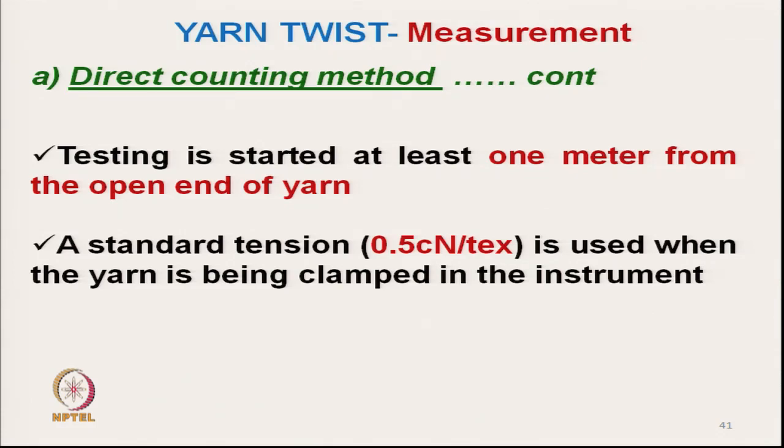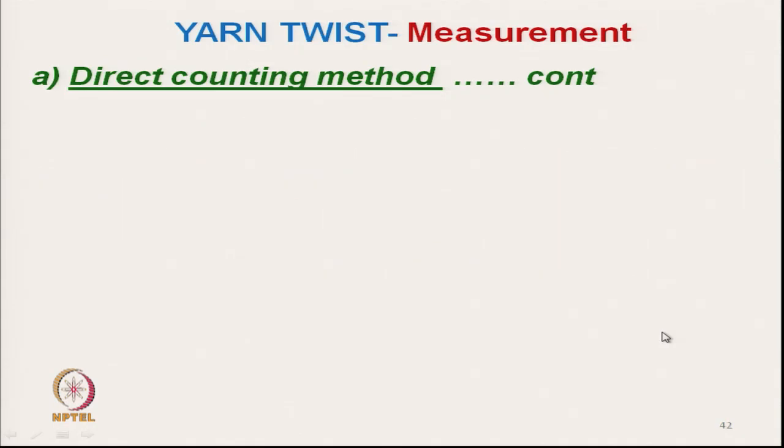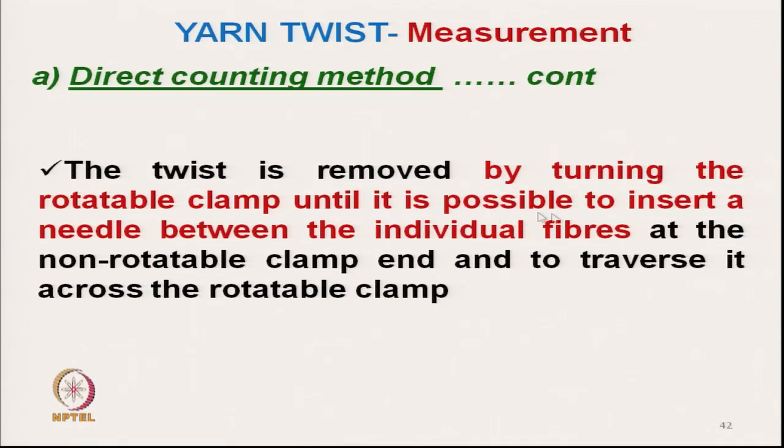At the end it will get untwisted. Standard tension of 0.5 centinewton per tex is used. So, when the yarn is being clamped in the instrument, the twist is removed by turning the rotatable clamp until it is actually possible to insert the needle.